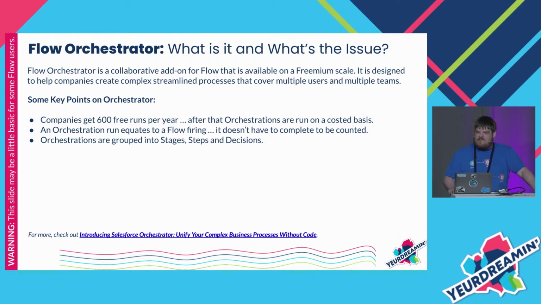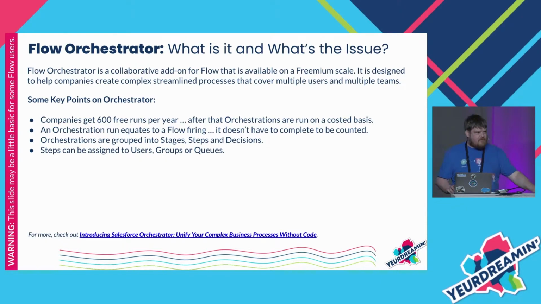Orchestrators are grouped into stages, steps, and decisions. And in terms of steps, these can be assigned to users, groups, and queues. You can also assign these on a more individual level via what's called resources. So you can do user resources, group resources, or queue resources. For the non-resource ones, they basically just work almost like a lookup field inside an orchestrator.